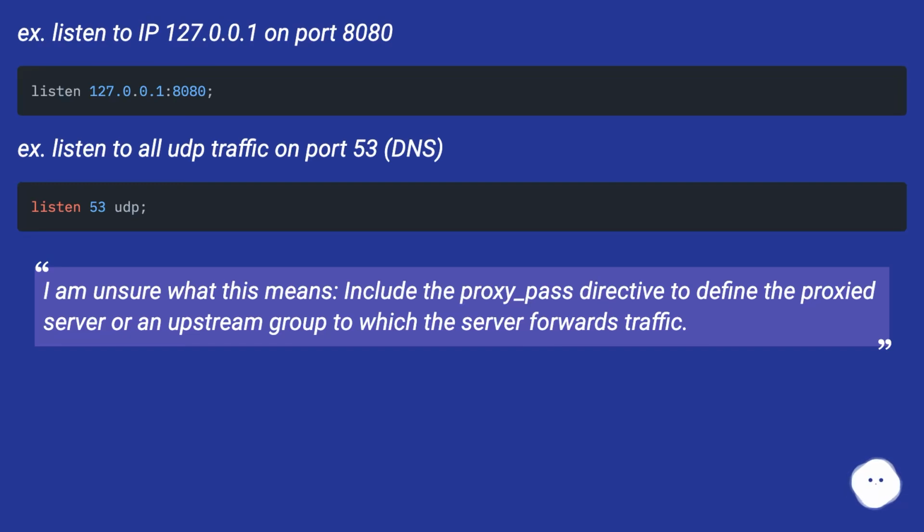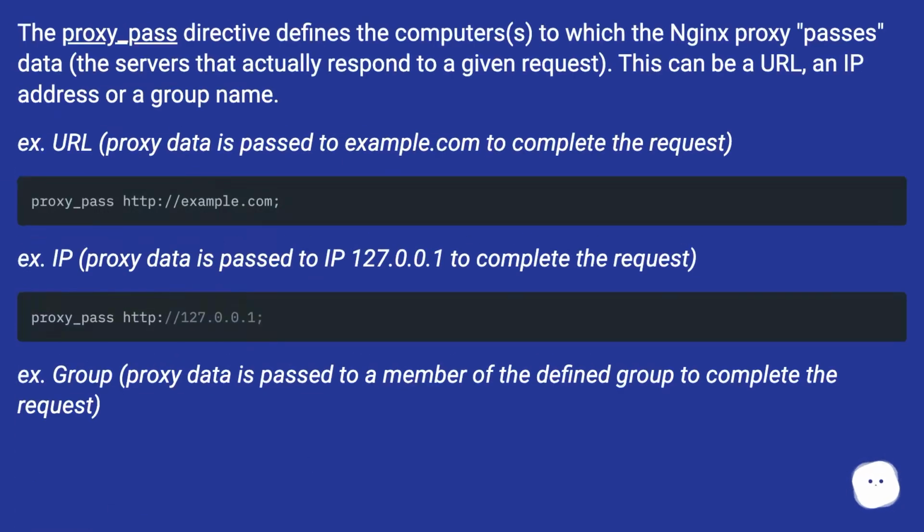Include the proxy_pass directive to define the proxied server or an upstream group to which the server forwards traffic. The proxy_pass directive defines the computers to which the NGINX proxy passes data, the servers that actually respond to a given request. This can be a URL, an IP address, or a group name. X URL: proxy data is passed to example.com to complete the request.